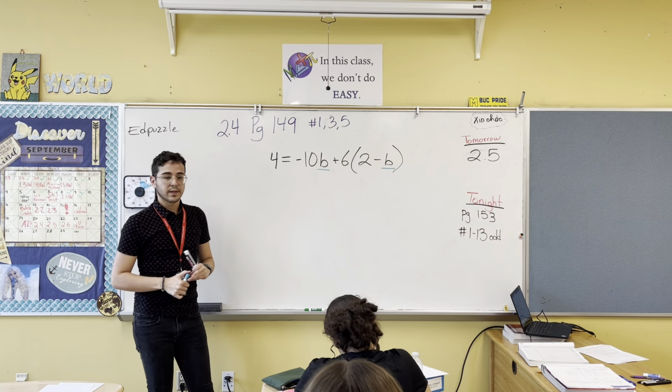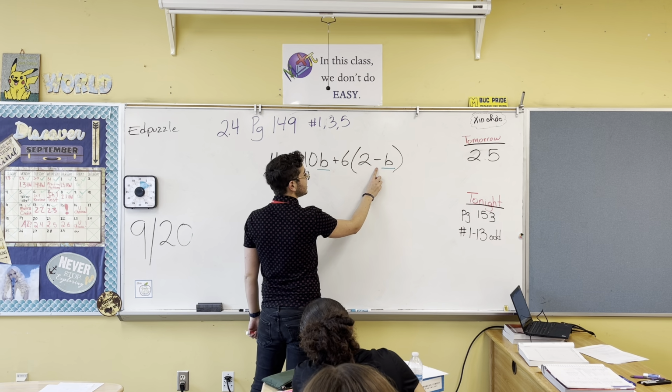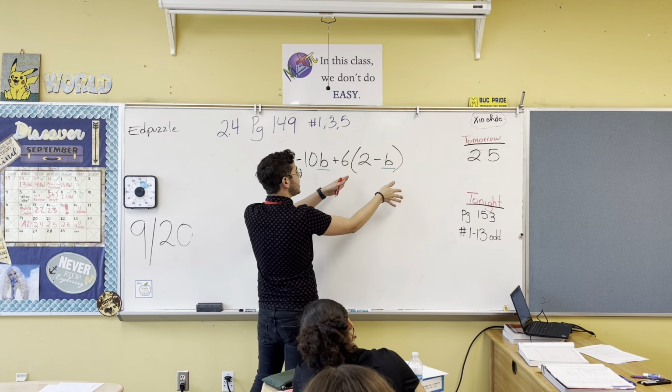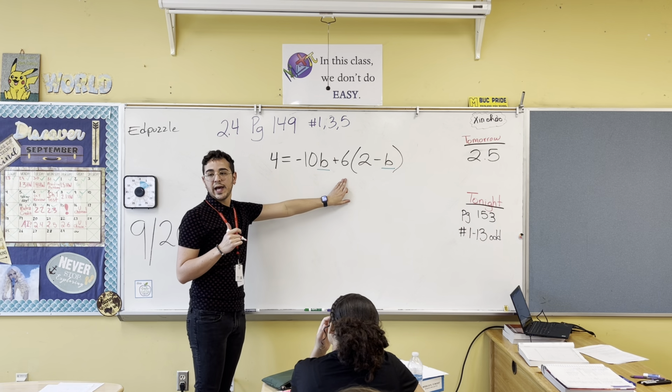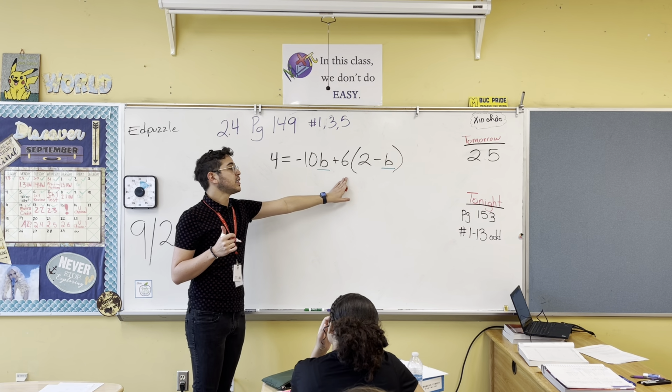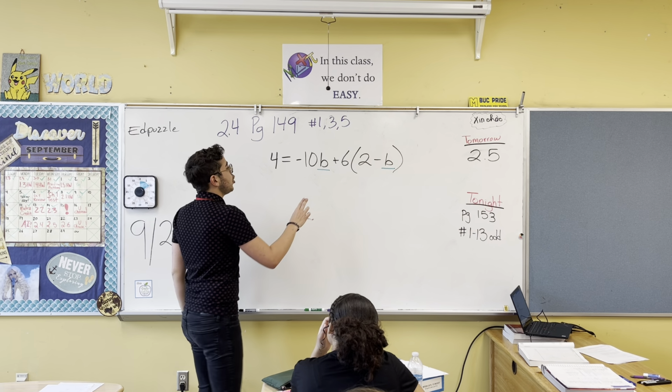Yes. Excellent. Now, here we have a multiply by 10. Here we have a 2 minus b, and then we have a parentheses guarding a multiply by 6. Because the parentheses is closing off one of our variables, it is the farthest away, and we begin there, because we want to isolate the variable.